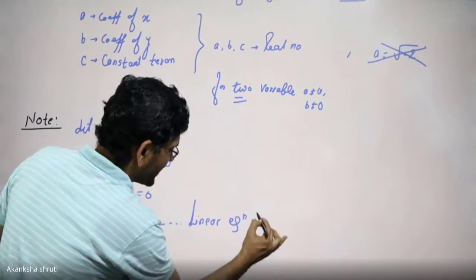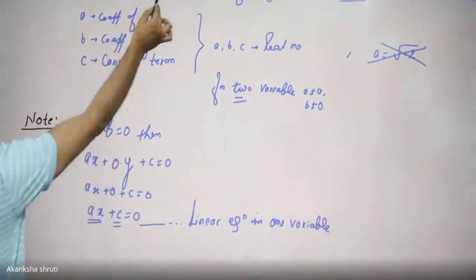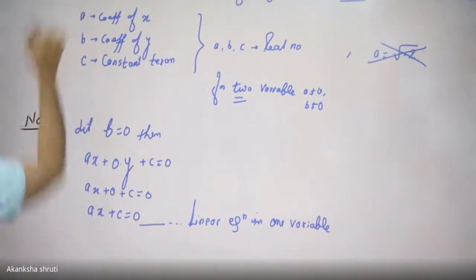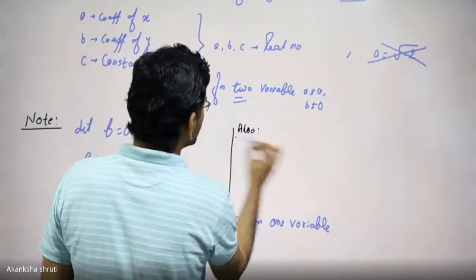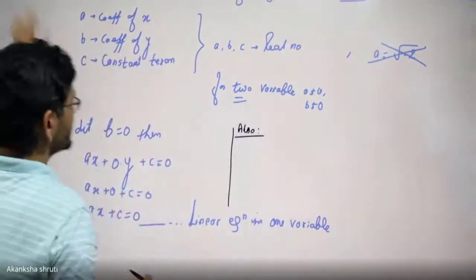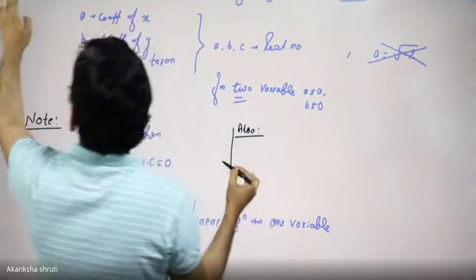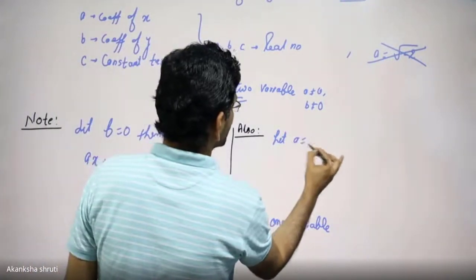equation in one variable. Students, the other coefficients can also be taken like this. Let us consider this a is now 0. A is 0.